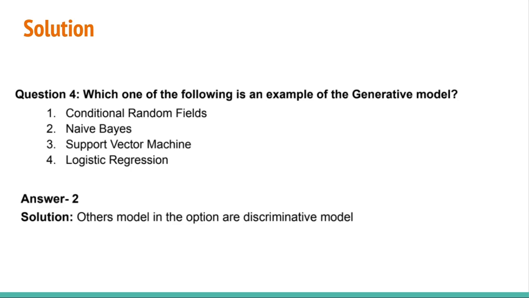In generative models, we learn from the joint probability, the probability of x comma y, where x is the input and y is the output. All the other models given in the options, conditional random fields, support vector machine, and logistic regression, are discriminative models.